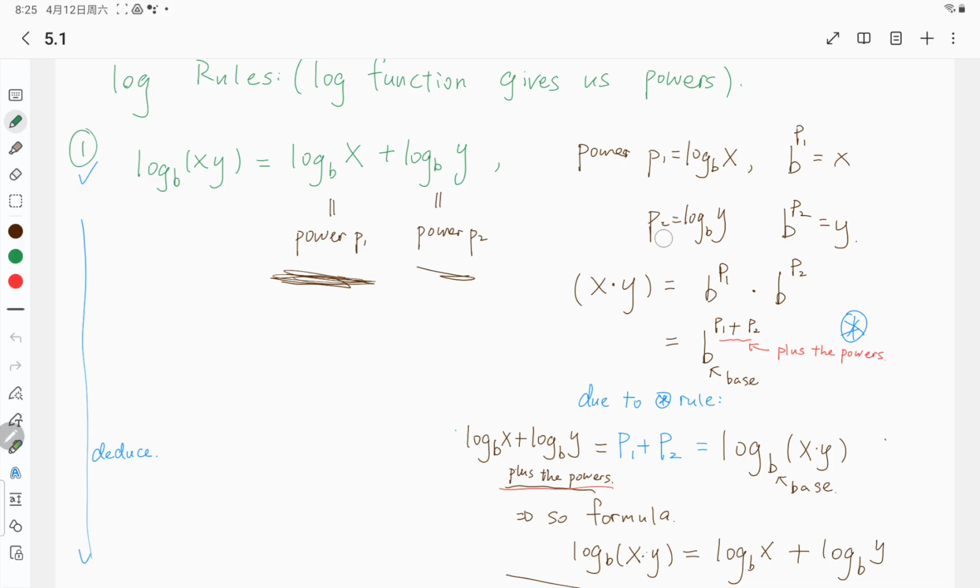And for the second line, we wrote p2 as log base b of y, which means b to the power of p2 is y, right? So this is our second. And so b to the p1 times b to the p2 is this relation.